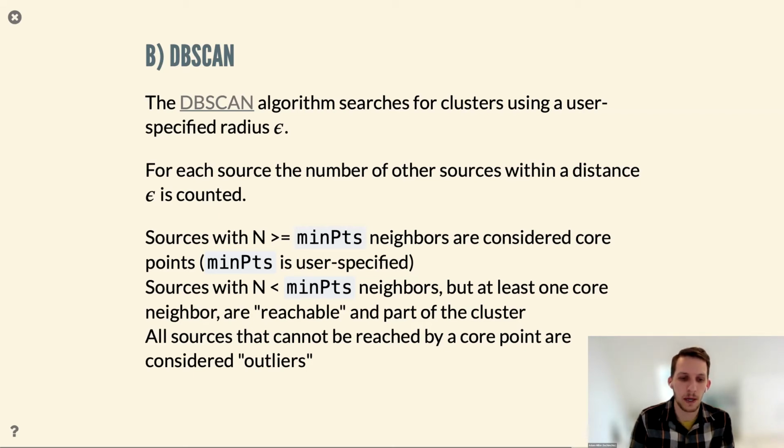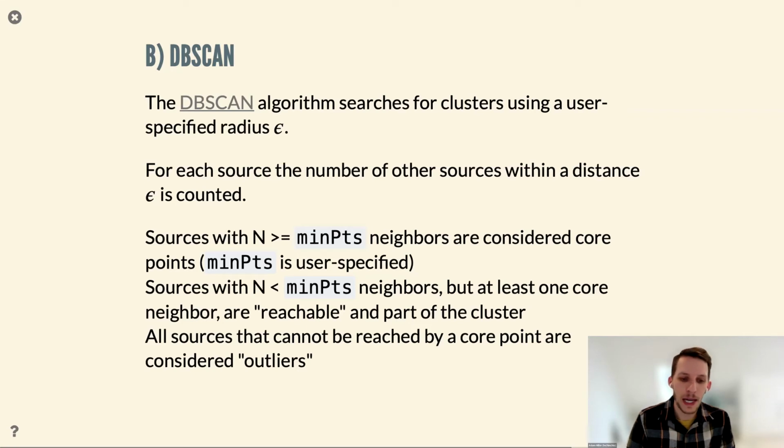If a source has fewer than min points neighbors, but at least one of its neighbors is a core point, then that source is considered reachable and is considered part of a cluster.